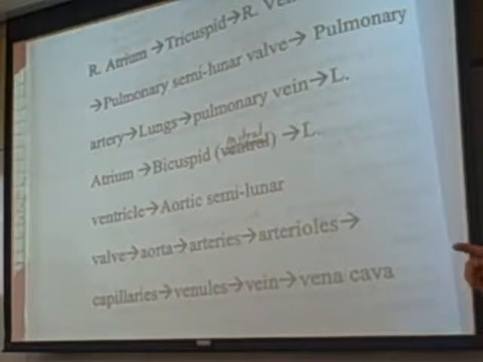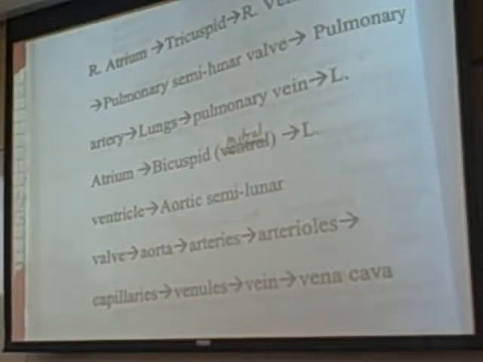The pulmonary vein is the only vein that carries blood rich in oxygen. Where's it coming from? Lungs. So all veins carry blood low in oxygen except the pulmonary vein, which carries blood rich in oxygen coming from the lungs.